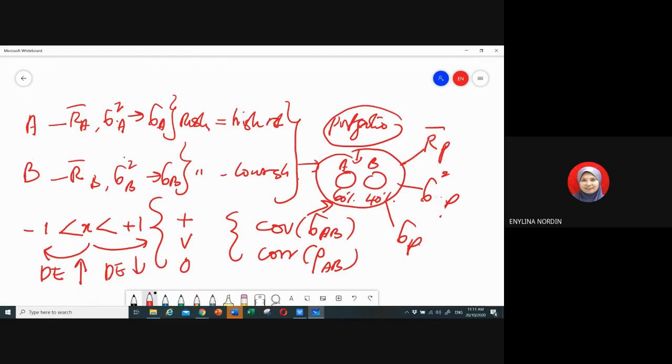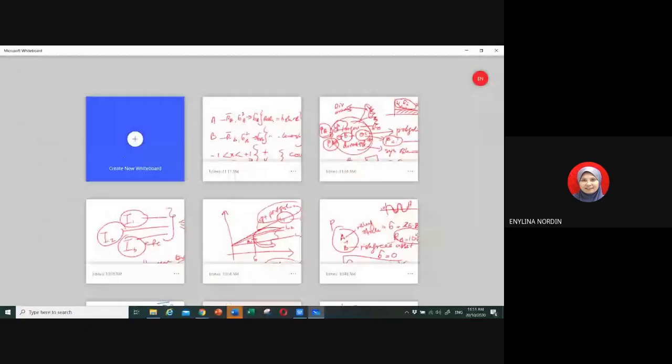What happens if the diversification effect becomes greater? That means your portfolio risk becomes lower, smaller, and vice versa. If the diversification effect becomes smaller or lower, that means portfolio risk becomes higher.